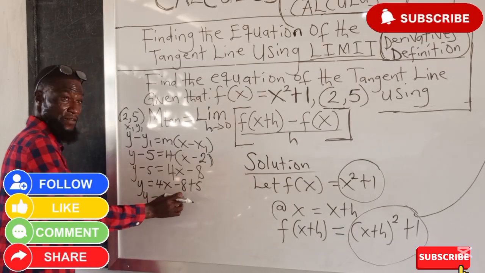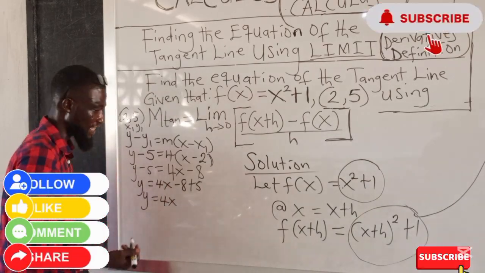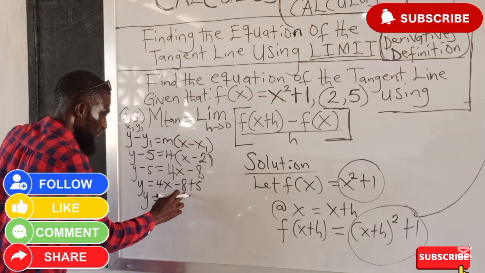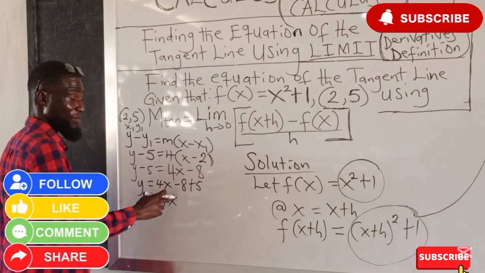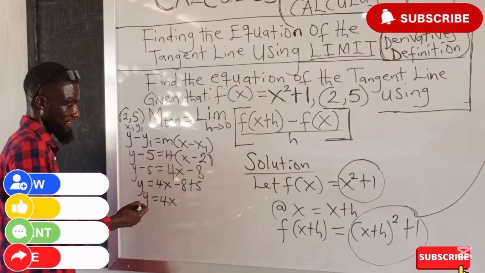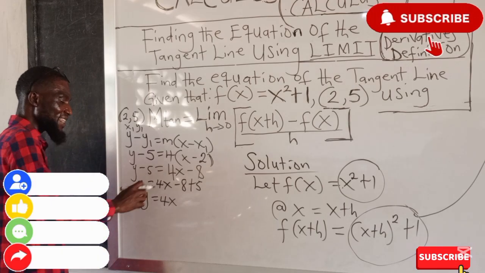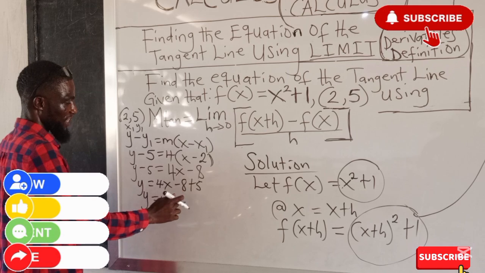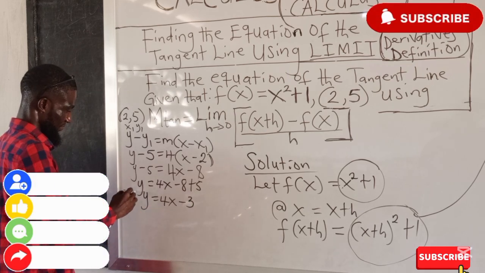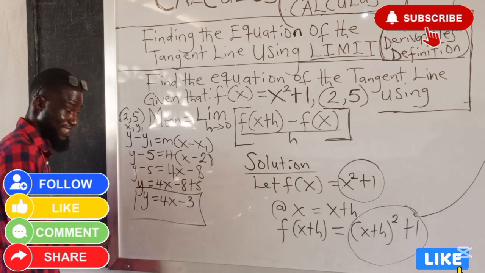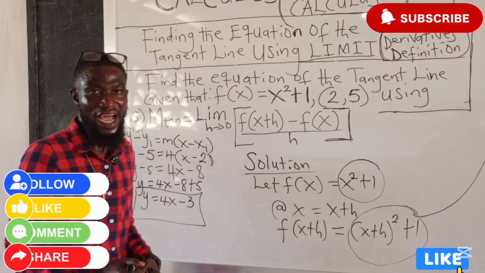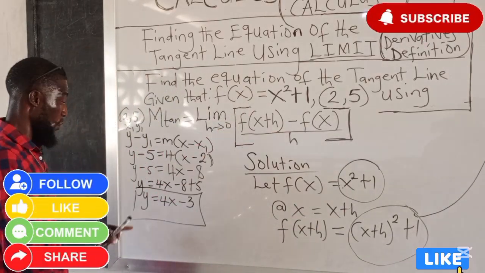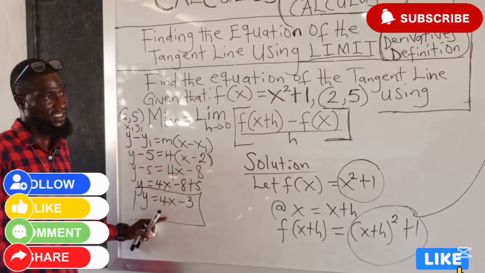We subtract 5 from 8, but the greater number carries the sign. Taking 5 from 8, we get 3, but the greater number here is minus 8, so we have negative. Ladies and gentlemen, this is our answer for the equation of the tangent line: y will be equal to 4x minus 3.